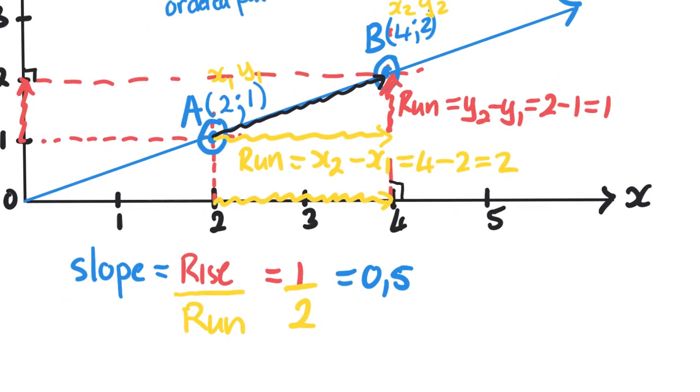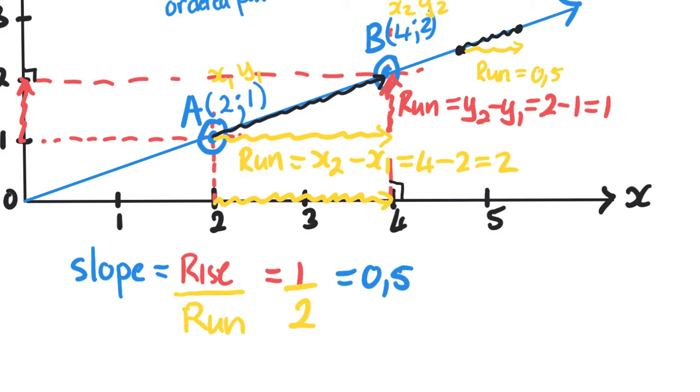Well, what it means is that between any 2 points here, no matter how far apart they are, if we had to move along there between those 2 points, then let's just say that the run was, for instance, a half.